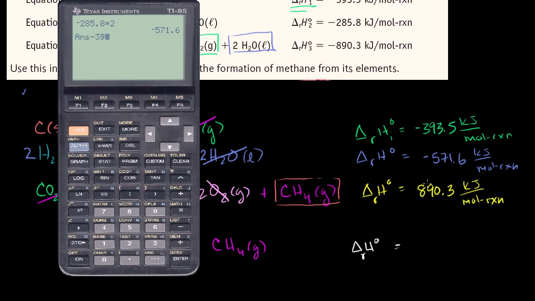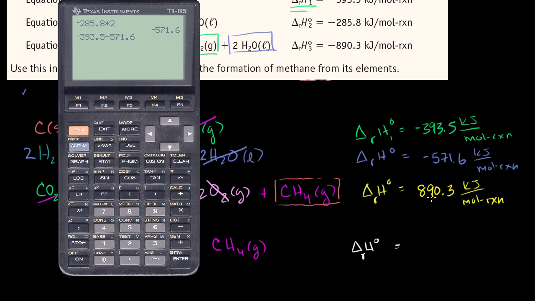So we have negative 393.5. So that step is exothermic. And then we have minus 571.6. That is also exothermic. Those are both combustion reactions, which are, as we know, very exothermic.